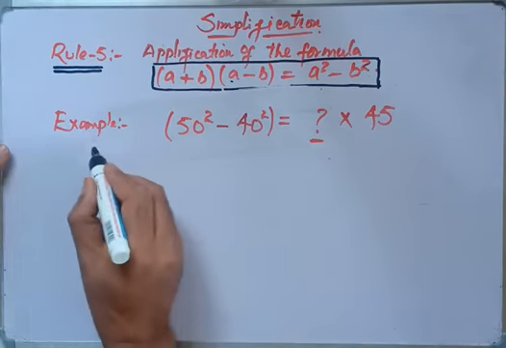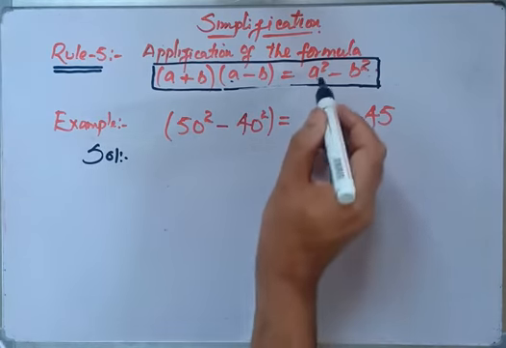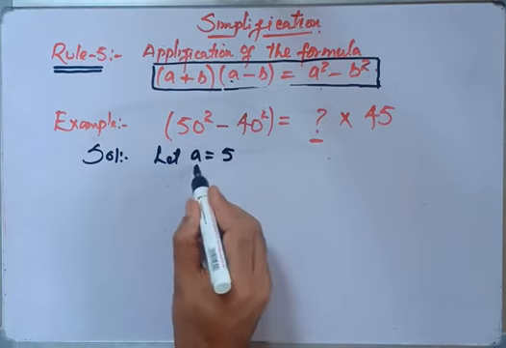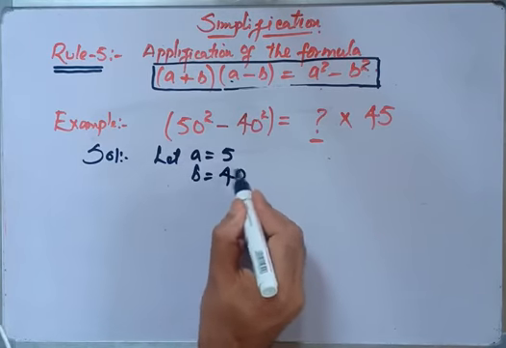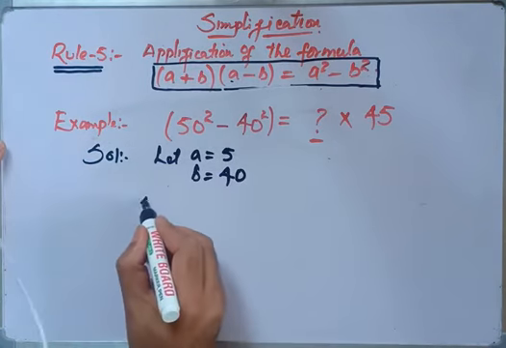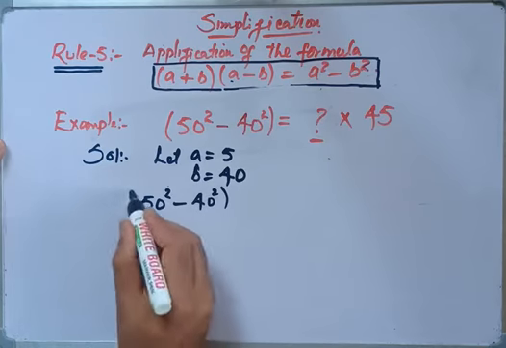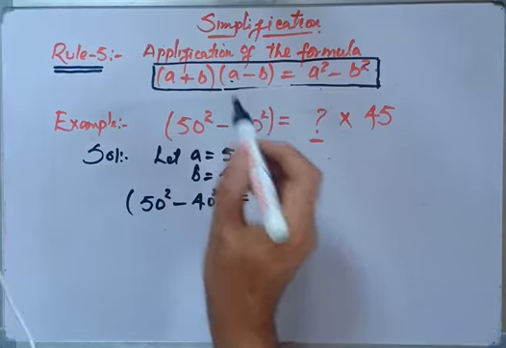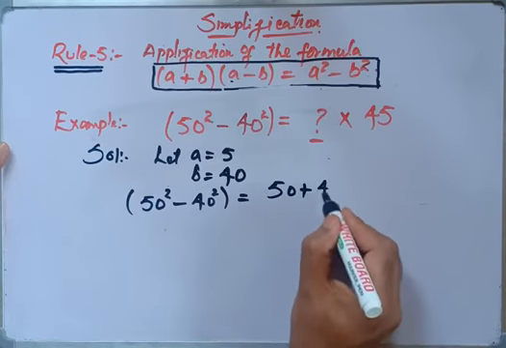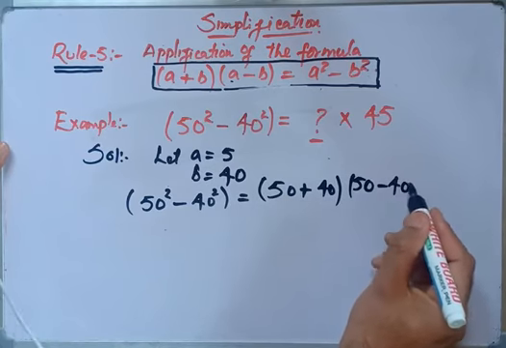Let's suppose 50 is equal to a. Let a is equal to 50 and b is equal to 40, right? Then applying this formula, 50 square minus 40 square is equal to (50 plus 40) times (50 minus 40), right?